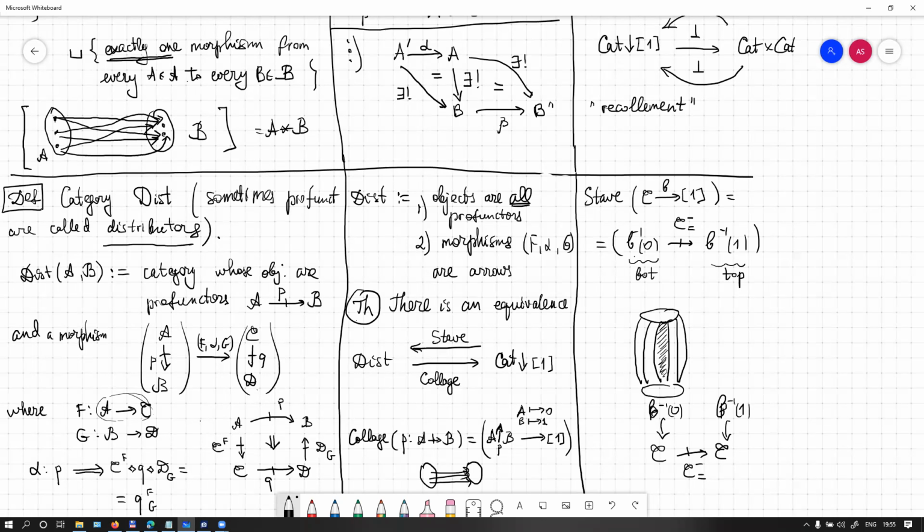Okay, so they form an equivalence. So collage of stave equals 1 and stave of collage is also isomorphic to 1. Are there any questions?